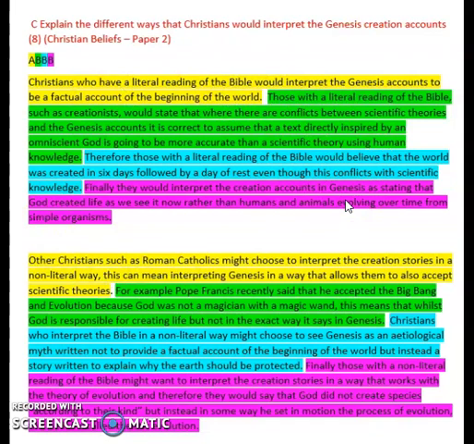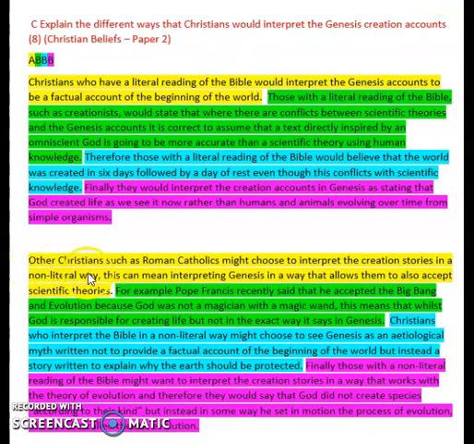Then in my second paragraph, I want to give my different way that Christians can interpret Genesis. So other Christians, such as Roman Catholics, I'm identifying a denomination, I'm showing off my subject knowledge, might choose to interpret the creation stories, echoing the wording from here, in a non-literal way.